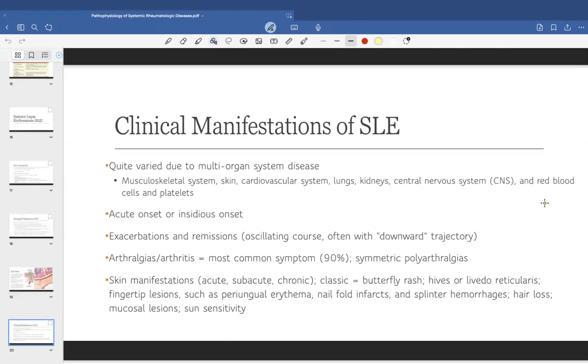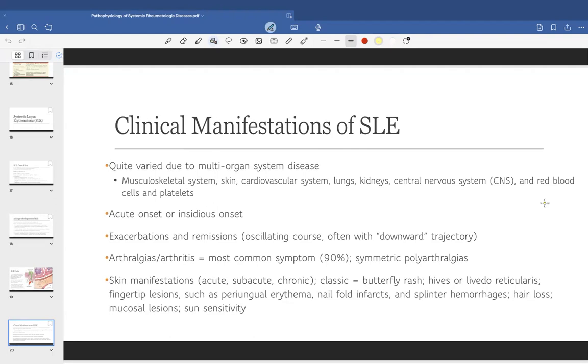The presentation and manifestations are very broad. It can affect the musculoskeletal system, so they can have arthritis. It can involve the skin, so they can have dermatitis. It can involve the cardiovascular system, right on down the line, pretty much every system in the body.